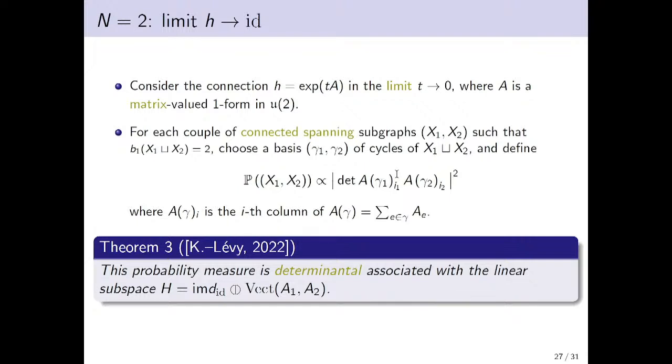And I1 would then be 1 or 2. And then what this means is just I take the first column or the second column. And what I compute then is this determinant, take the square, normalize. And this defines a probability measure, which is again determinantal, and the associated linear subspace H is the image of D plus the vector space generated by the columns of this matrix.